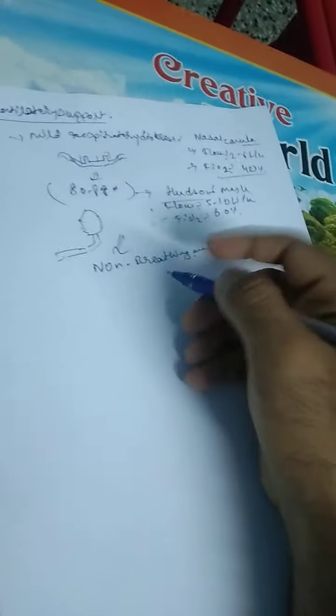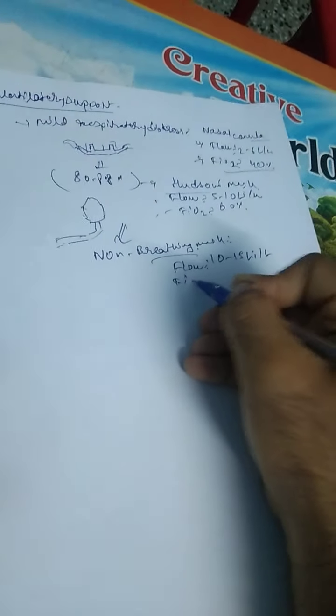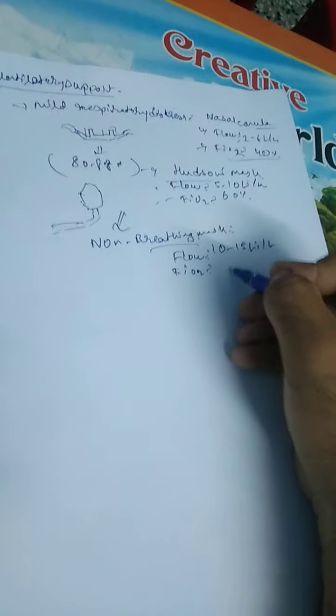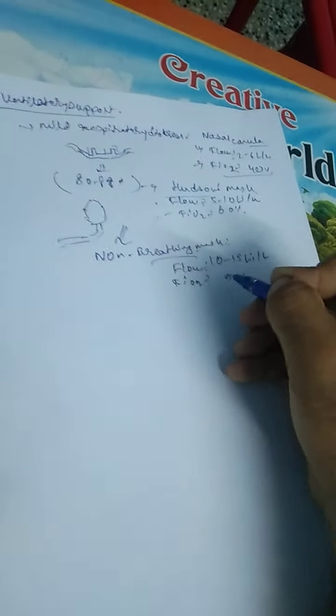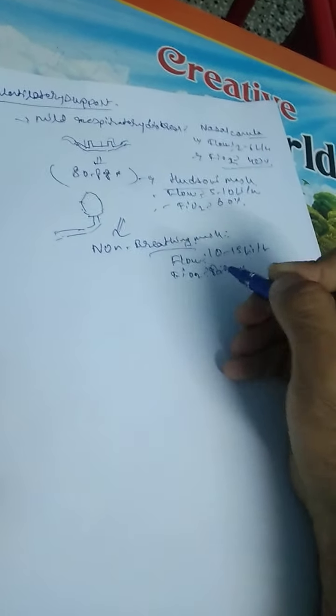It shows the person's expiration volume also. It gives an idea also. It can provide a flow of 10 to 15 liters per minute with an FiO2 of 80 or 90%.